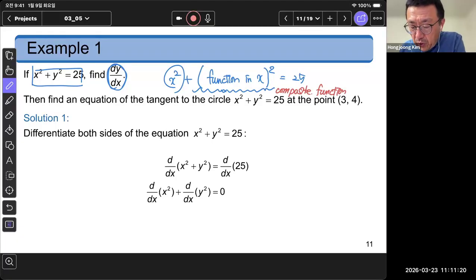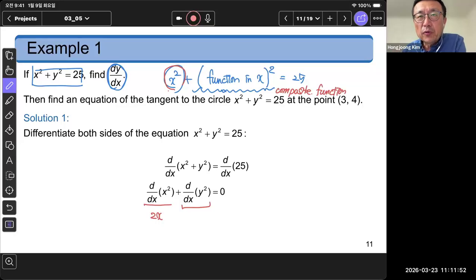So given this equation, if I differentiate each term in x, when I differentiate x squared, that will give you 2x. Now, for the next term, you need to remember that this y is a certain function in x. Even though it is defined implicitly, it is somehow a function in x. And now I have its square term, and this is the composite.